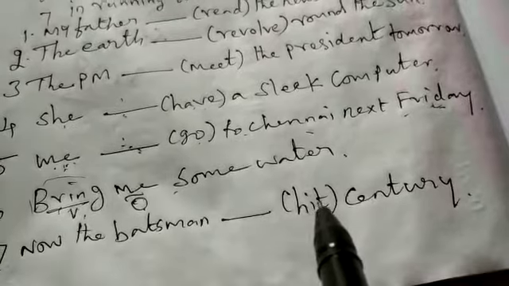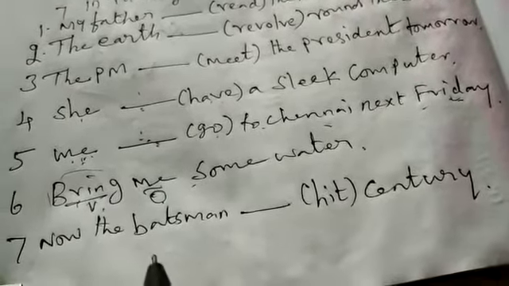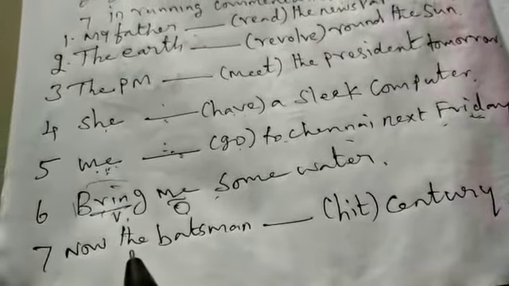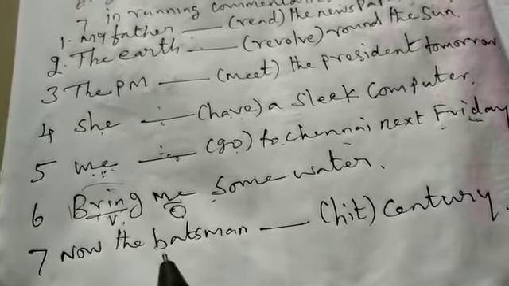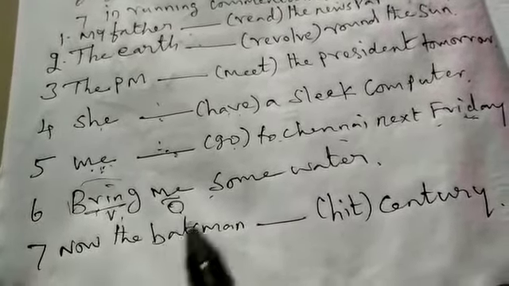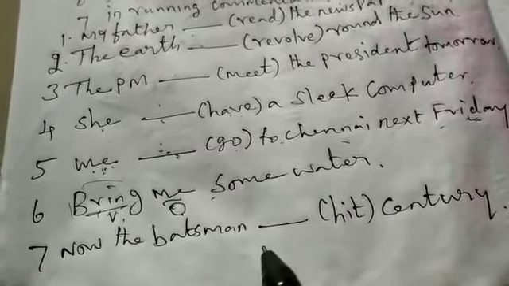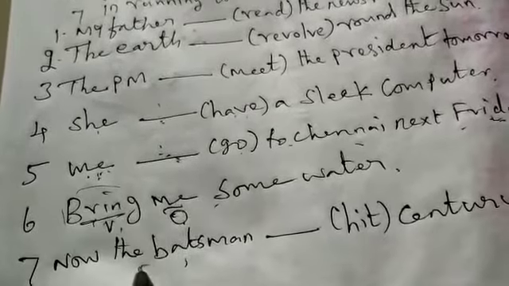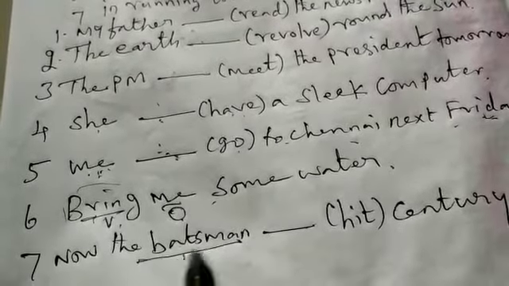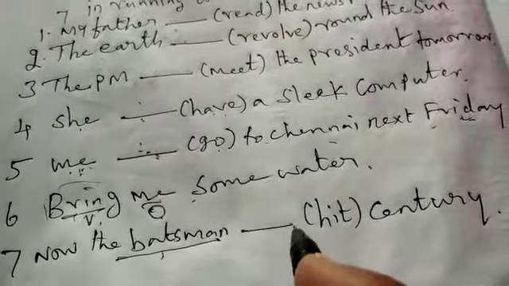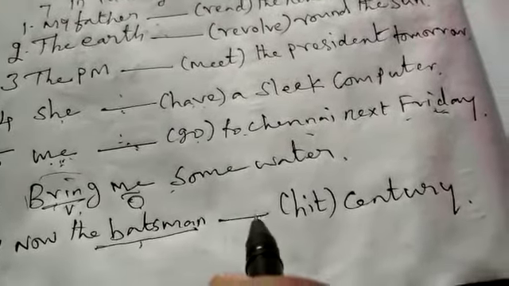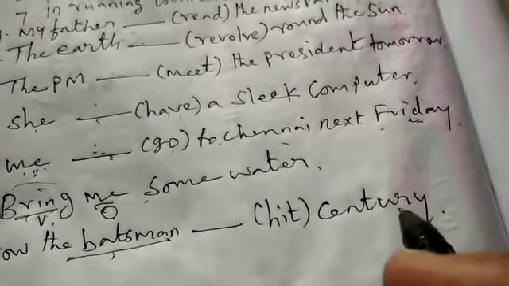Here we must change this as per the tense of the given sentence. Here we are seeing about the simple present tense, so we must use simple present tense here. Now the batsman is a singular subject, so you have to add s only, hits. Now the batsman hits century.